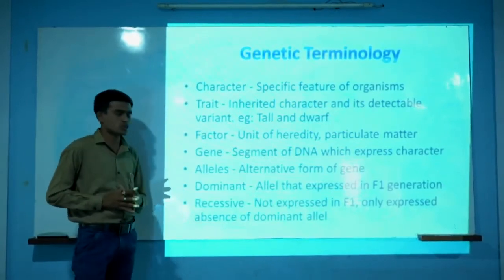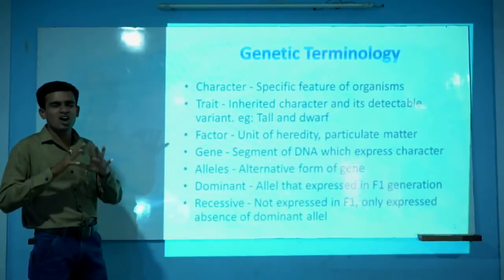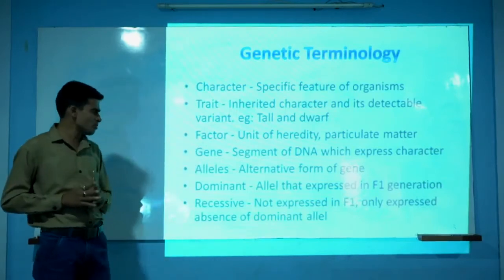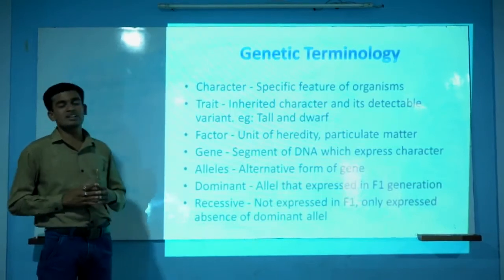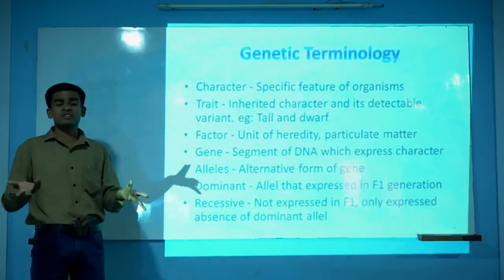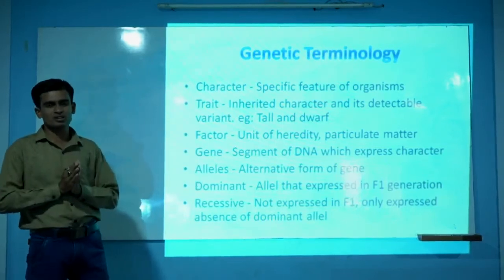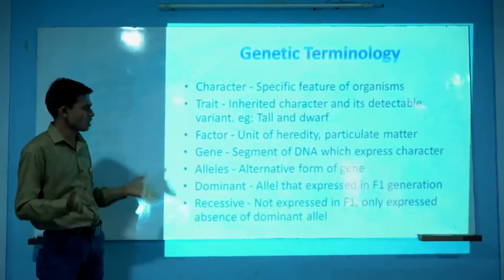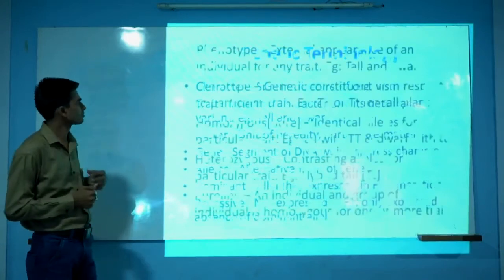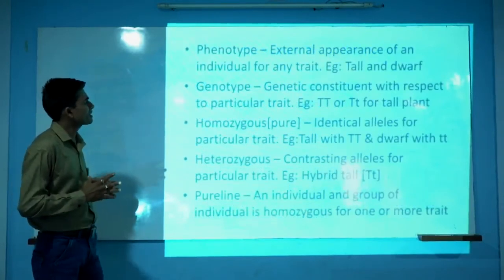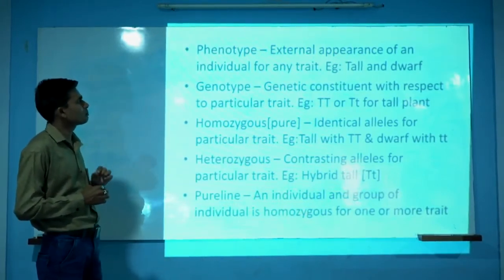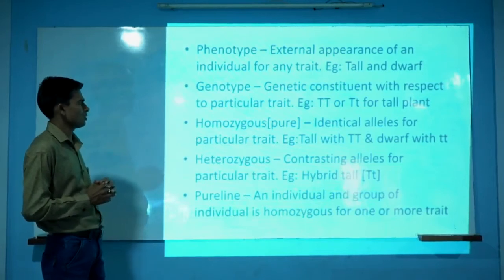Next one, recessive. Those characters are not expressed in the F1 generation and are only expressed in the absence of the dominant allele. So a recessive character freely expresses in the absence of dominant characters, and in the F1 generation it is not expressed. That is recessiveness. Next, phenotype: the external appearance of individuals for any trait, for example tall and dwarf.